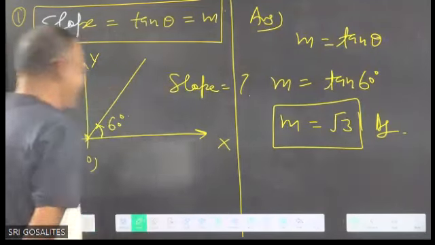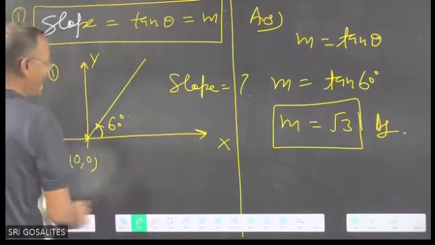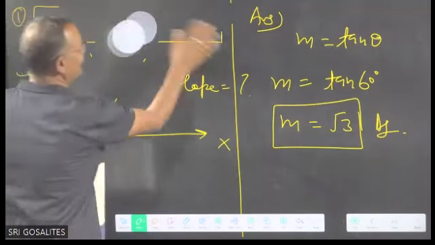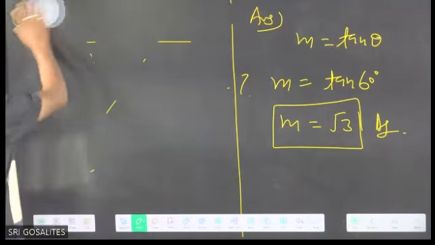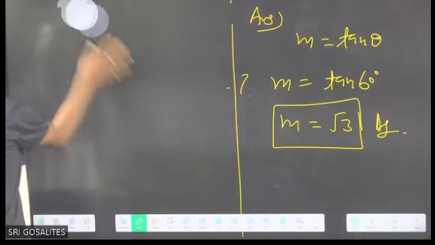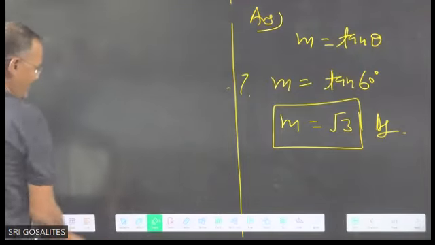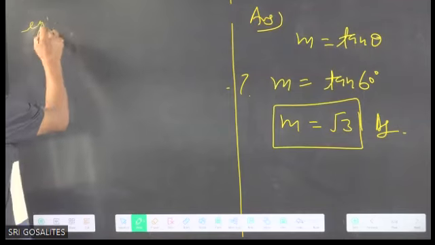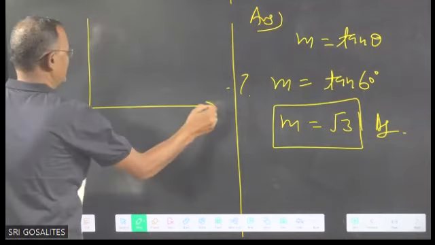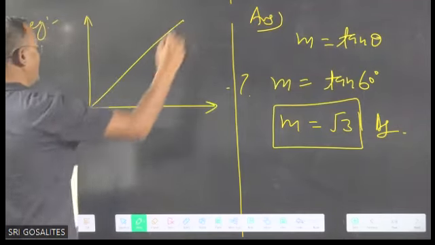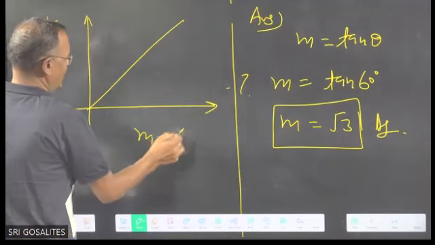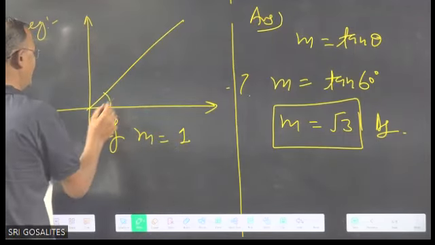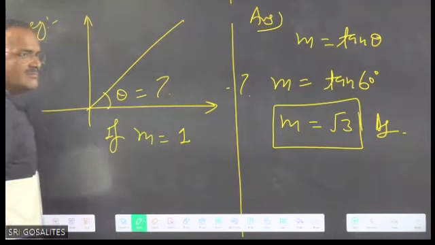Okay, right. So now one more question I will take. See, if the slope of a line is 1, what is the angle theta? Come on.